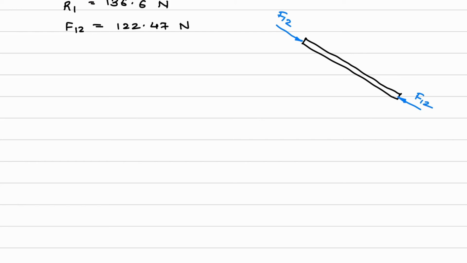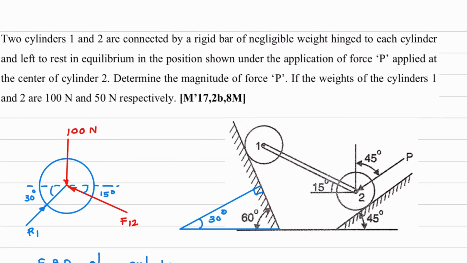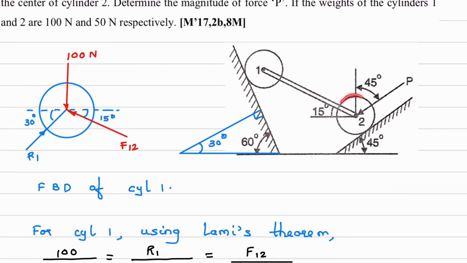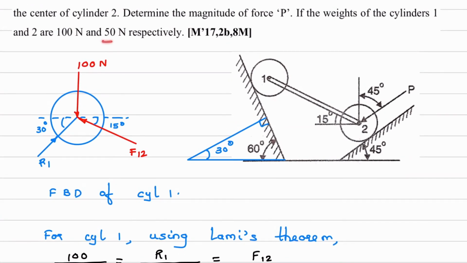Okay, now we will see cylinder 2. If you consider cylinder 2, how many forces are acting on this cylinder? Don't forget the weight of the cylinder. Here it is given that for the second cylinder, the weight is 50 Newton. So here the weight will be 50 Newton. Then the magnitude of force P we have to calculate.